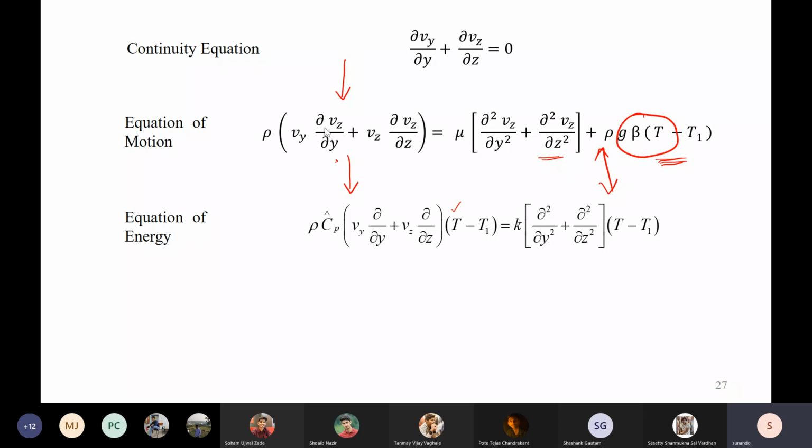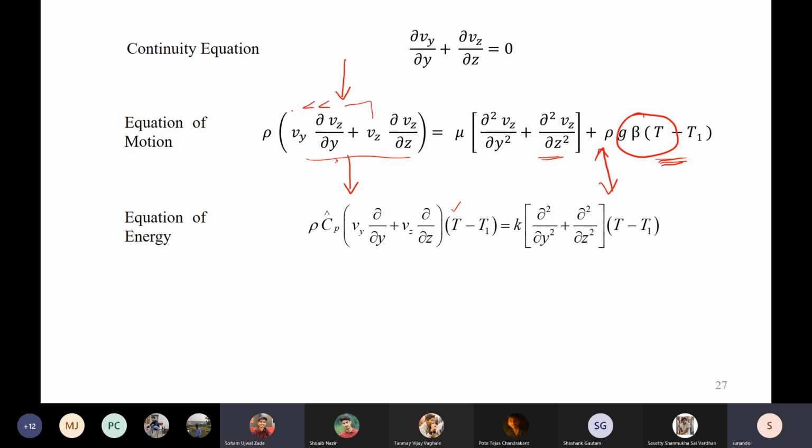Let's talk about the combination of these two. Sir, on the left-hand side, I think we have not dropped del Vz by del Z because Vz is also there. So that term is not small. Right.